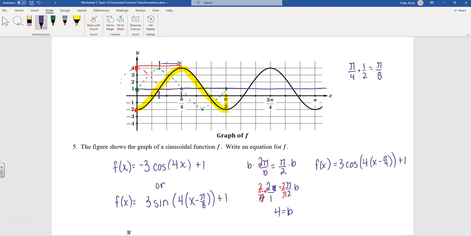So some of these have multiple correct answers. On the multiple choice section, there will only be one of them. So if they're asking you to write the equation and it's multiple choice, only one of these answers will show up. Which sometimes is kind of hard because your mind might be flipping the graph over, but really you're supposed to shift left or right based on what they have.